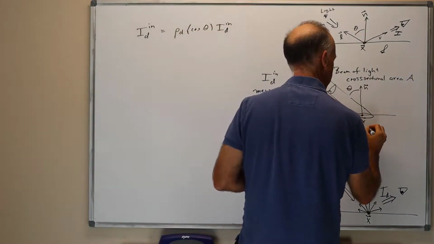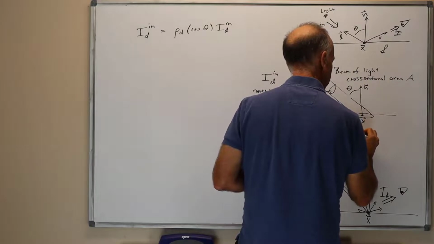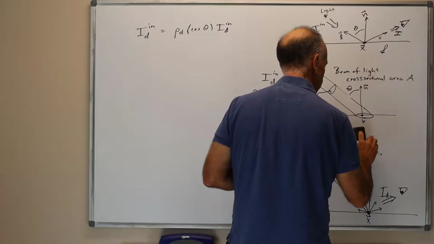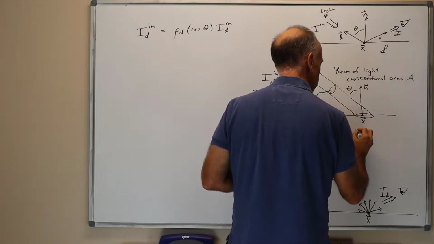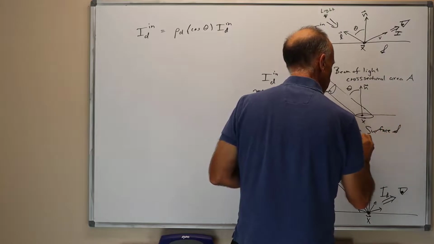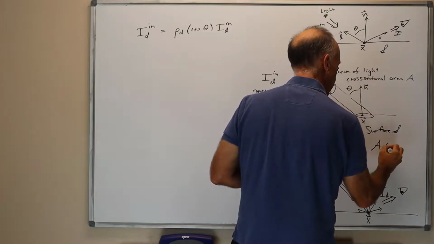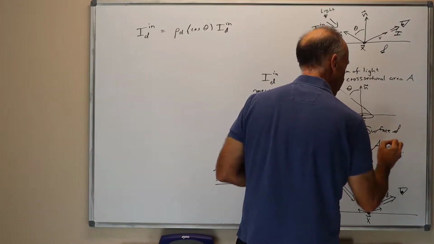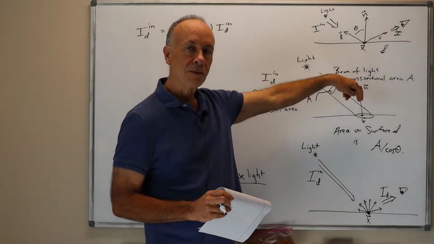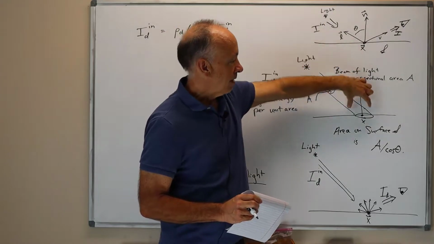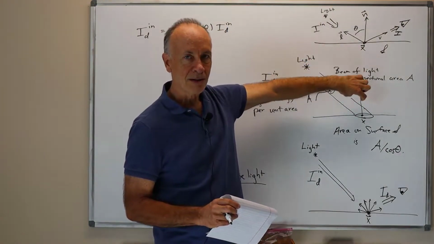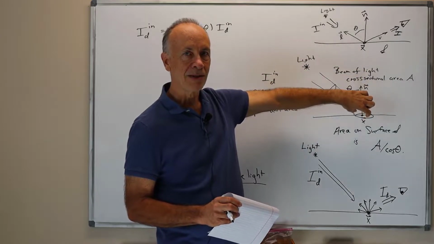So this area on the surface is equal to A divided by cosine of theta. So when theta is 0, cosine of theta is 1, so the beam is just coming straight onto the surface, so the circular cross-sectional area A of the beam is equal to the area on the surface.